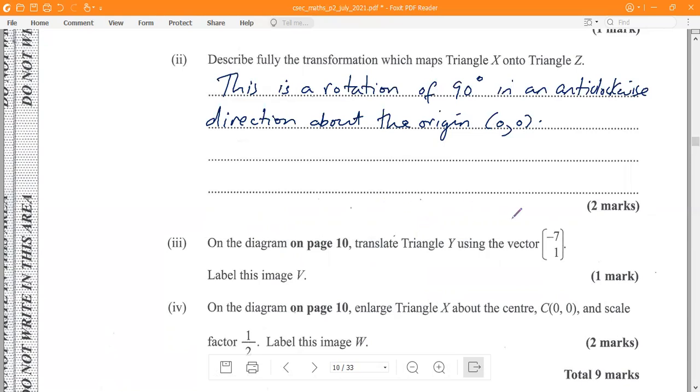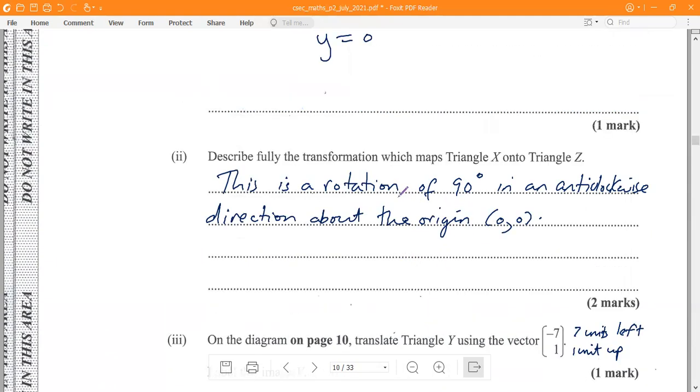Now, -7, the number on top, tells you whether you're going to the left or to the right. If it is negative on top, you're going to the left, so this is 7 units to the left. The number underneath tells you whether you're moving up or down. If it's positive, you move up. So let's move 7 units to the left and 1 unit up.